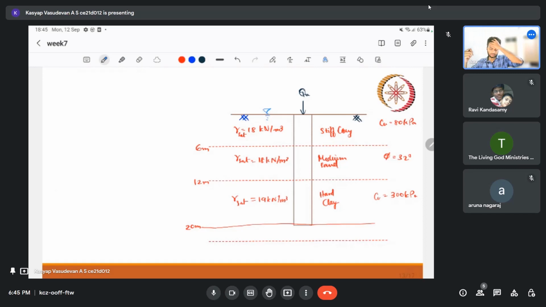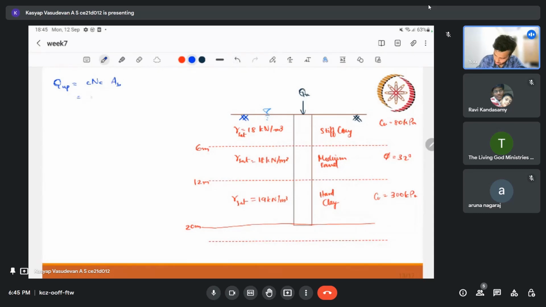Just as before, here also the pile is resting on clay, so we can do the same thing that we had done before. C, Nc, Ab, right?